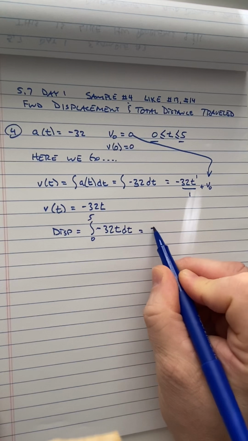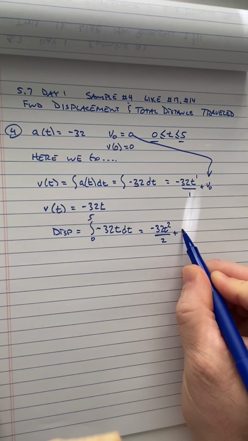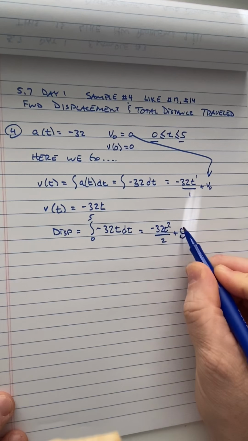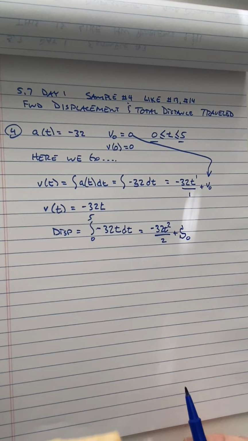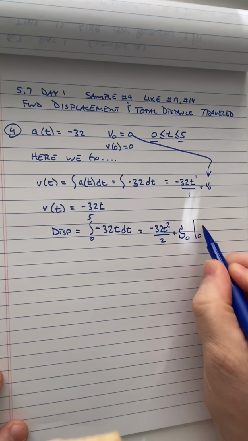Here we go. Raise the power, divide by the power. Who cares about your constant? That constant would be the initial position, but it's not necessary to know where you started. All we're trying to do is track how far we are from that starting point, from 0 to 5.